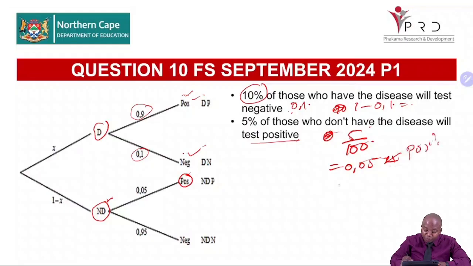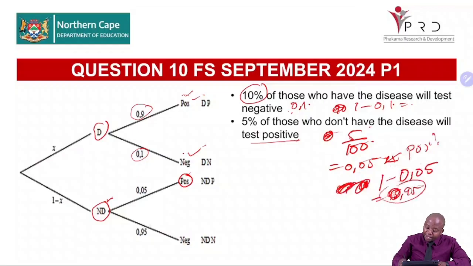Then the rest of those who don't have the disease will test negative. So that means we're going to have 95%, or from the 100%, which is 1, we minus 0,05, we get 0,95. Then 0,95 will therefore have to test negative.